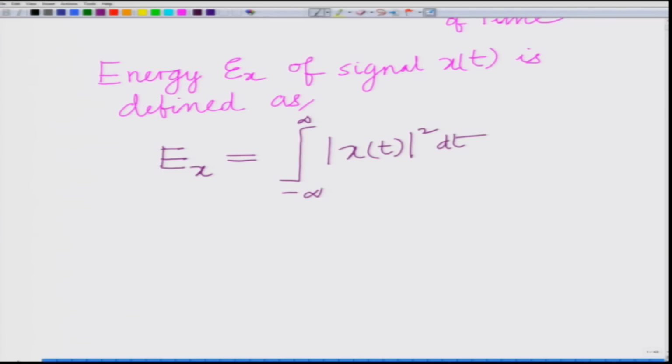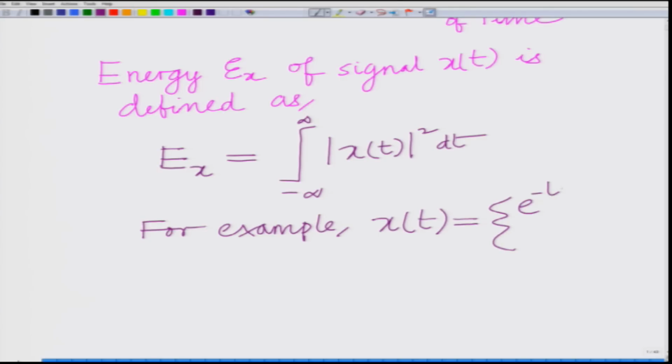All right. For example, consider x(t) equals e to the power of minus t for t greater than or equal to 0, and 0 for t less than 0.